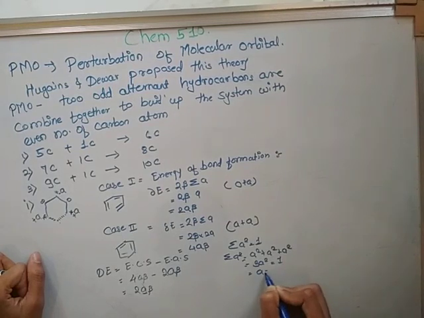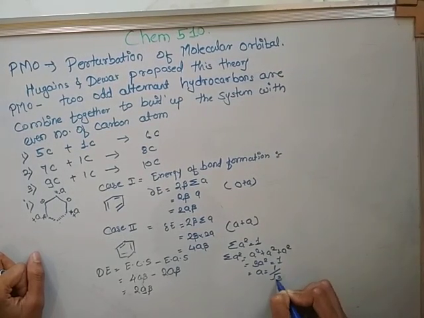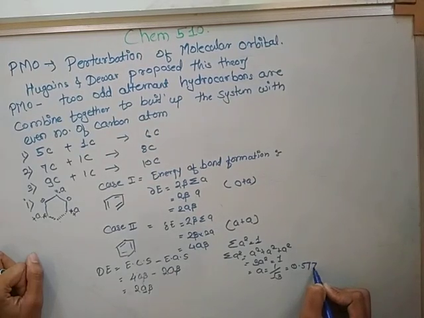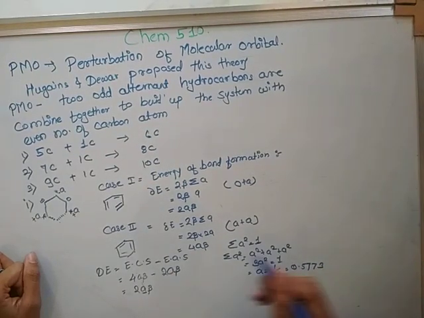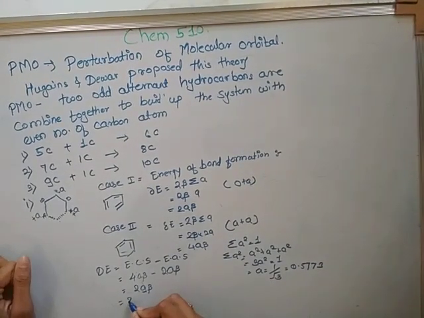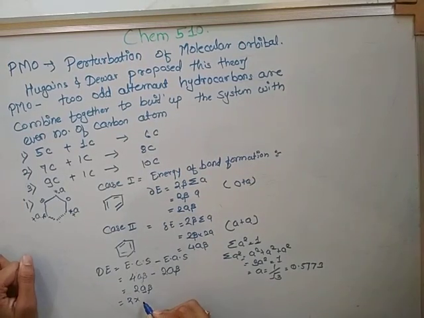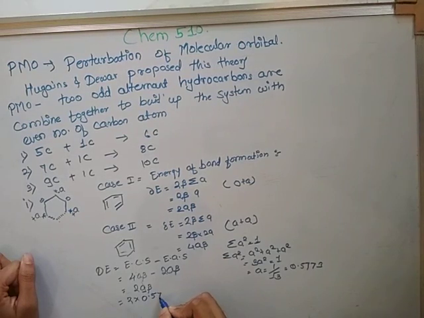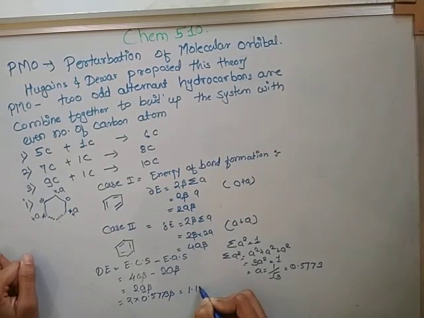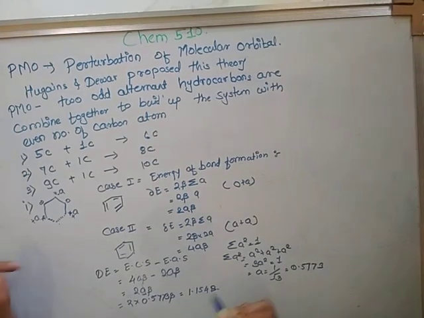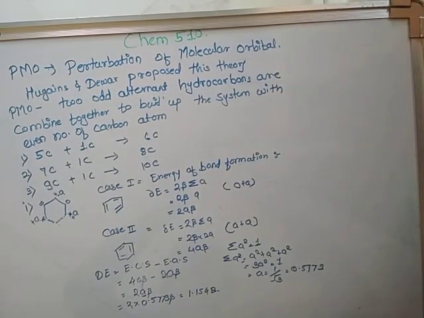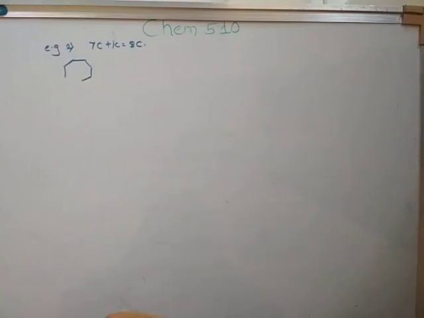So A is equal to 1 upon root 3, which is 0.5773. So dE is equal to 2 into 0.5773 beta, which is 1.154 beta.